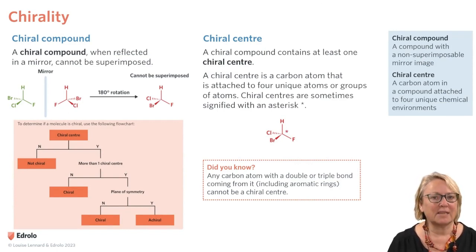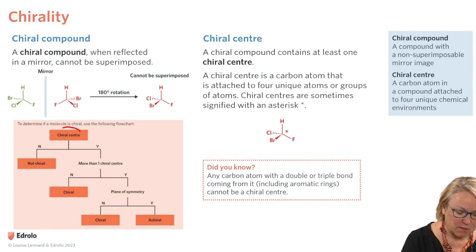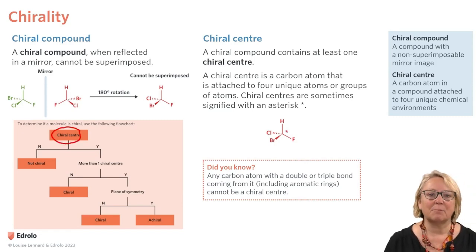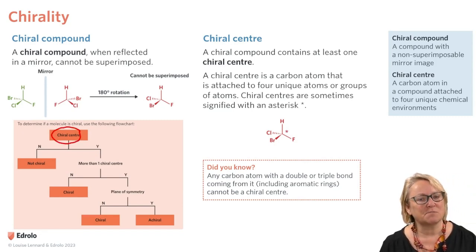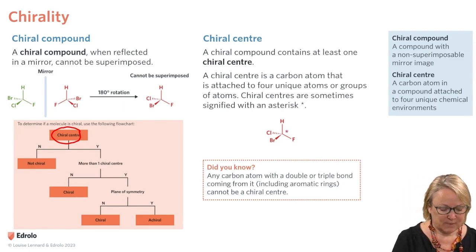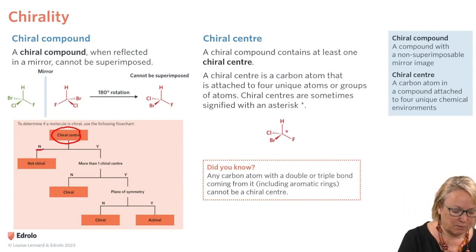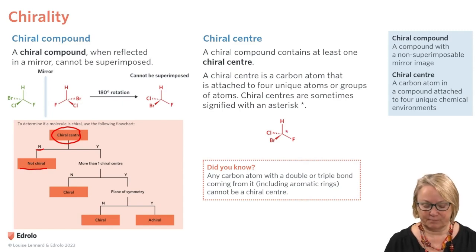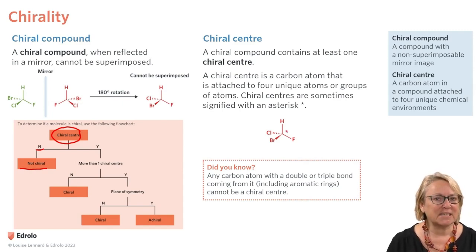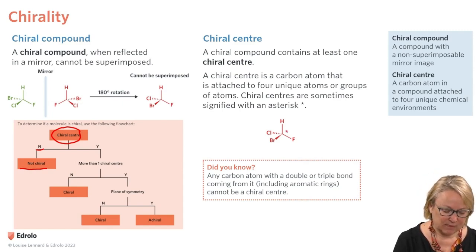So there's a flow chart here that you can actually use to determine if a molecule is chiral. Has the molecule got a chiral centre? That means a carbon with 4 different atoms or groups of atoms. If the answer is no, then the compound is not chiral. If the answer is yes, it contains one chiral centre. If it has more than one chiral centre, yes. Does it have a plane of symmetry?